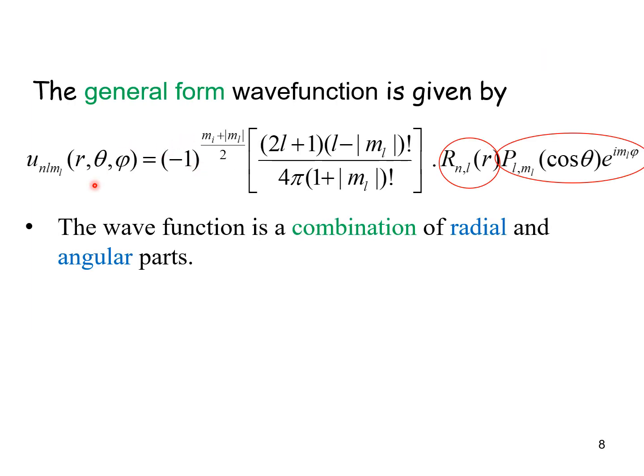As we saw earlier, the general form of the wave function is given by these expressions, where the wave function is a combination of the radial and also the angular parts. The complexity of these mathematical expressions is what allows us to define the precise shape and location of an electron's domain.